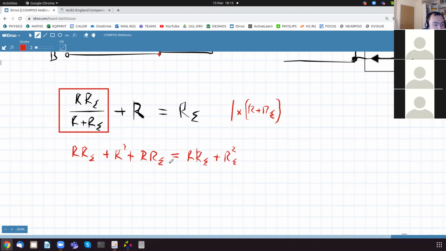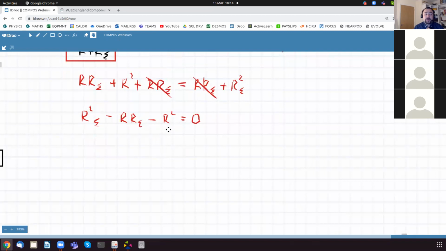And what can we simplify? Well, we can cross these out. R squared sigma equal minus R sigma minus R squared equals 0.